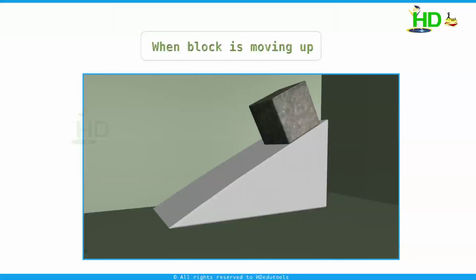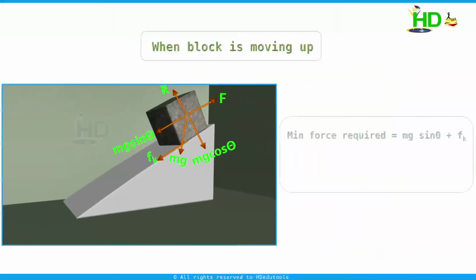In this case, the body is moving up. Since the motion is along this direction, that is upwards, the frictional force is acting opposite to this. The pulling force of this block, mg sin theta, as well as the frictional force, both are acting opposite to the motion. Therefore, the minimum force required to move this body up is mg sin theta plus the frictional force Fk.